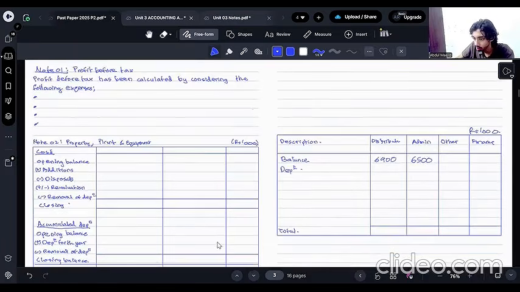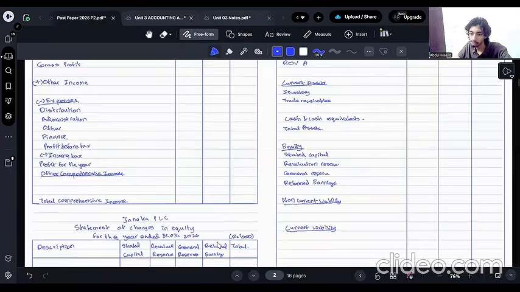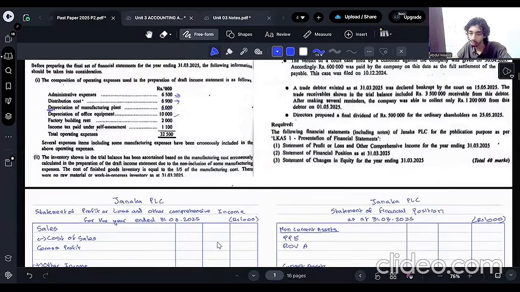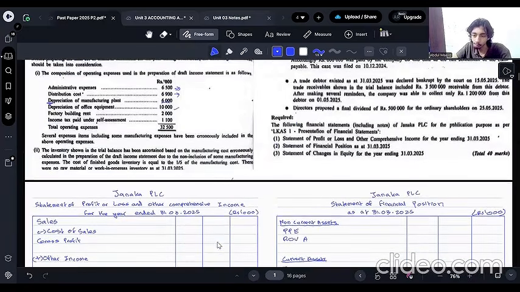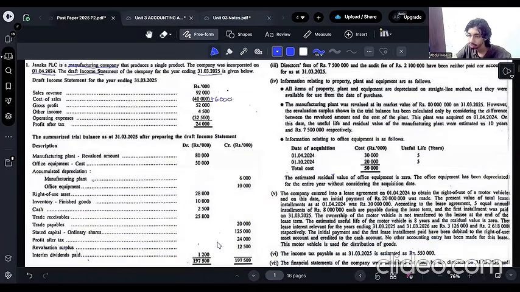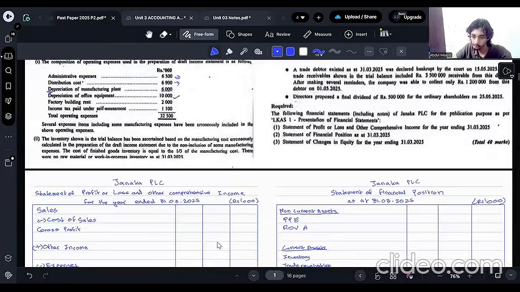Depreciation of office equipment. How much was that? Given 10,000. I think there could be a mistake in this when we are correcting the remaining adjustments. So we'll keep it aside.